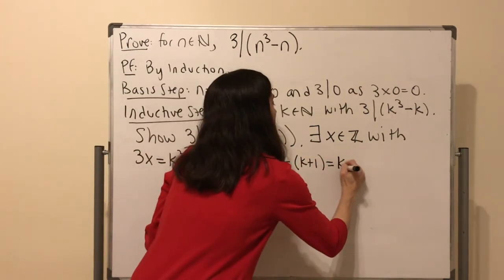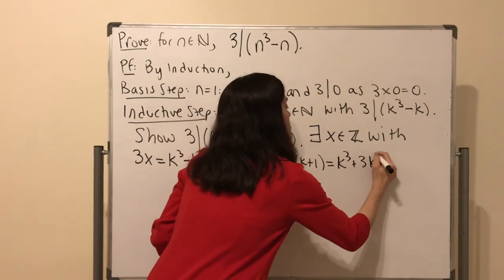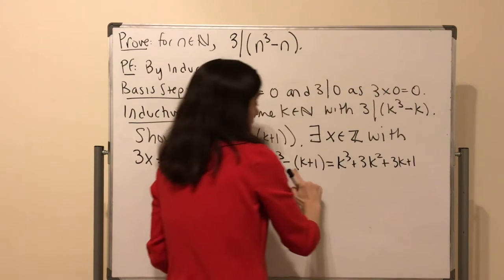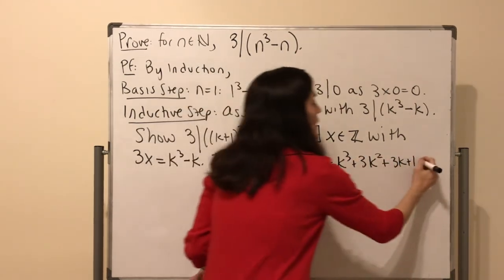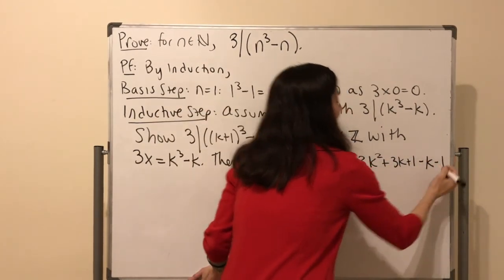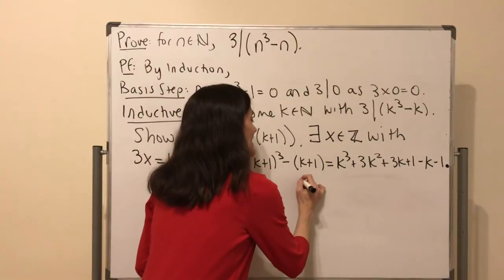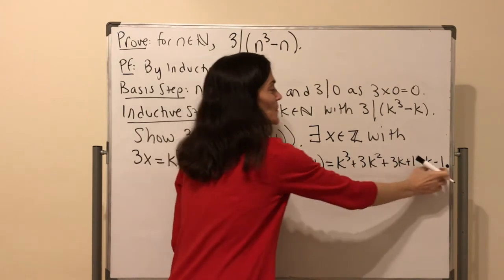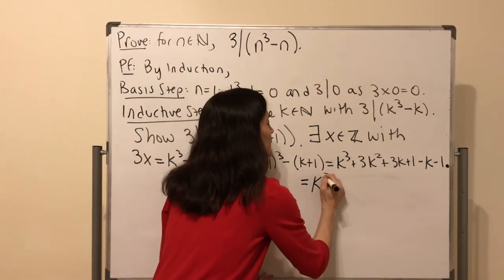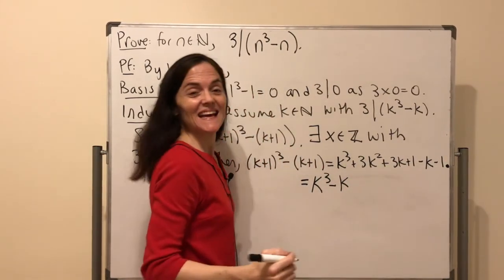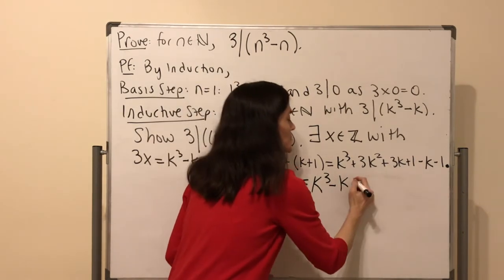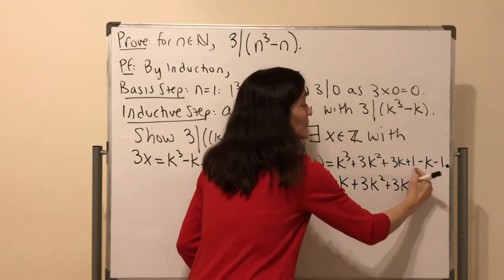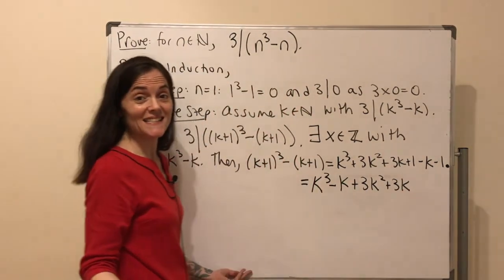So this would be k cubed plus 3k squared plus 3k plus 1, and then minus k minus 1. Okay? This equals, well, I will group k cubed minus k together. And then I have this 3k squared plus 3k. But then I have plus 1 minus 1, which adds to 0.